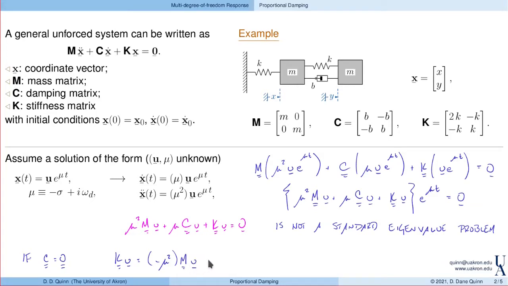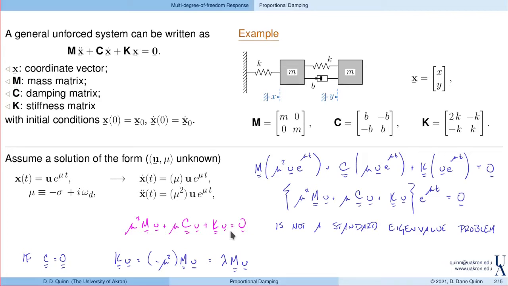And this was our generalized eigenvalue problem as written as lambda m times u. Right? So again, if there's no damping, then we think about this as just our regular eigenvalue problem. And with damping, it becomes much more difficult. Again, it's not impossible to solve, but it's not something that we typically do.